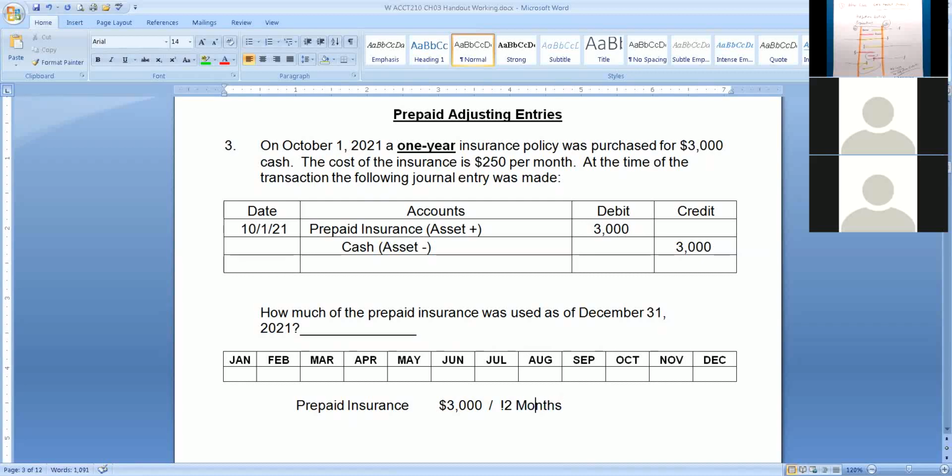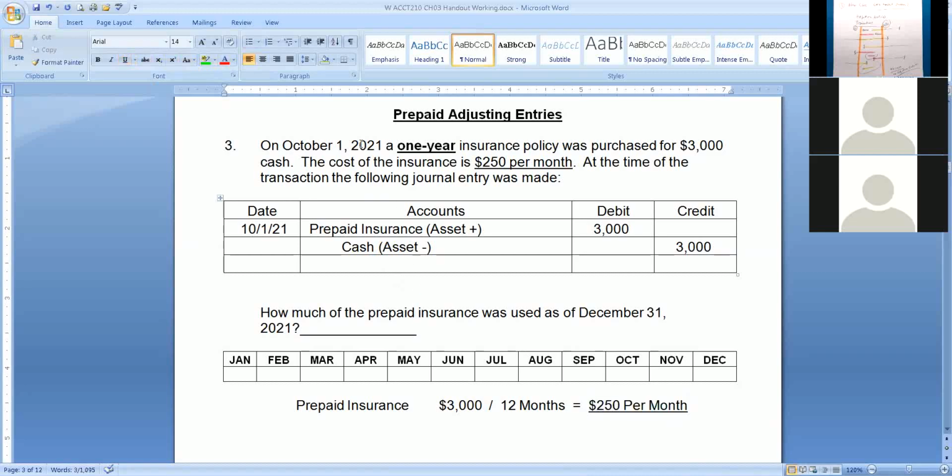So that's how I got the 250 per month. That's all this came about, this 250 here.